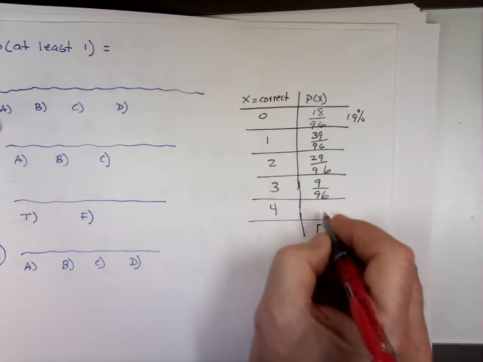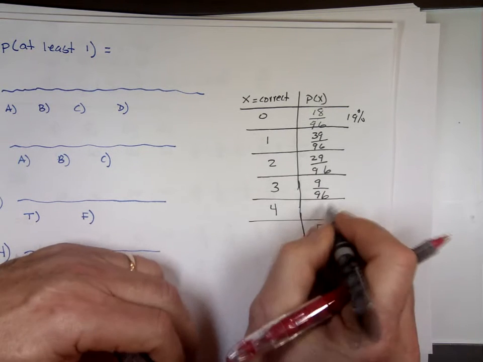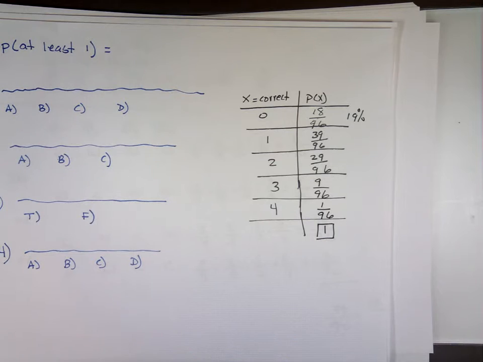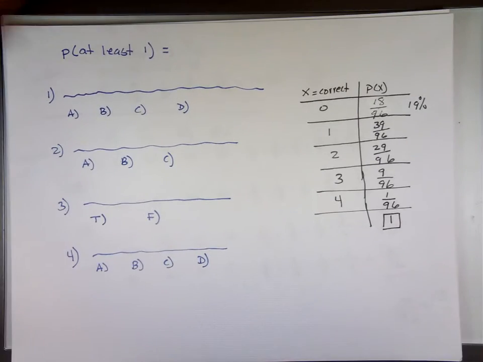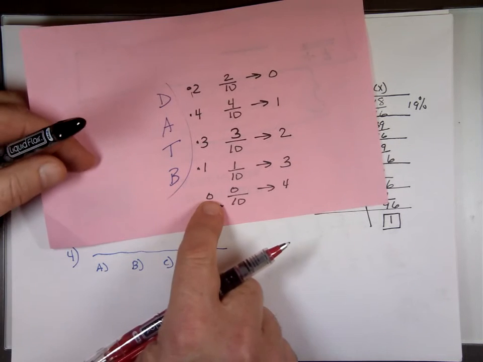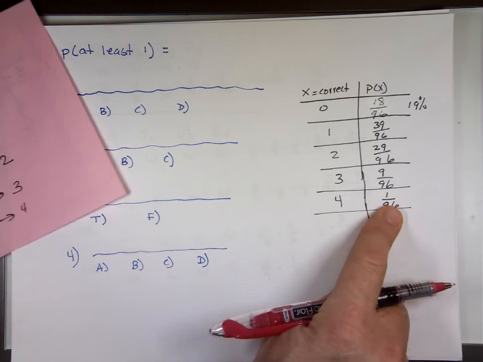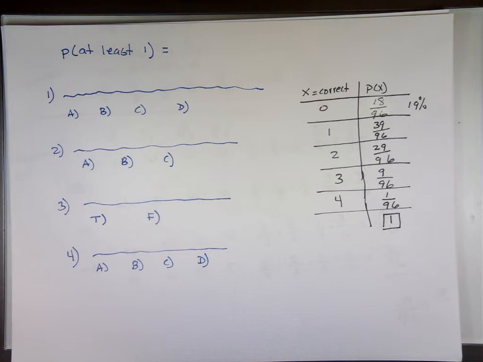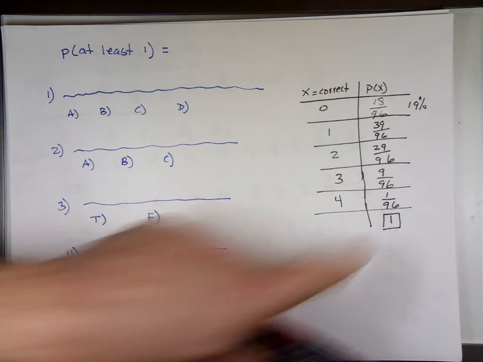And we got what? 0. Nobody got 4 correct. This is 1%. So your chance of getting 100 on that test by guessing, forget it. Might as well go play the Powerball. Well, it's that bad. But it's 1 out of 96.